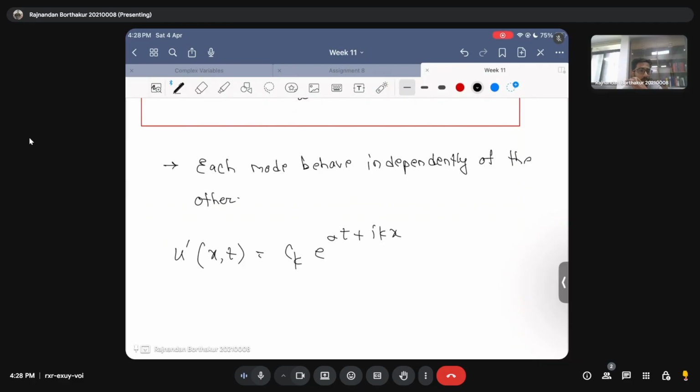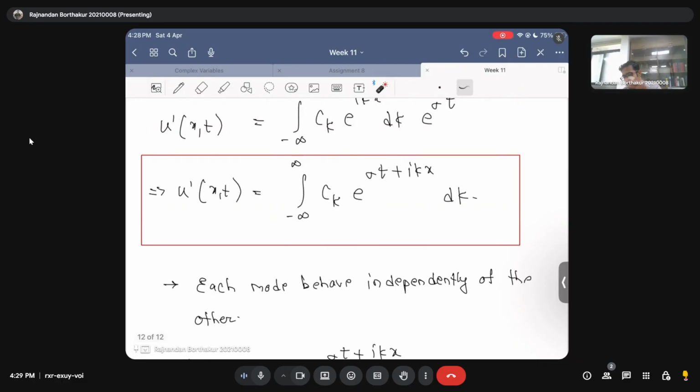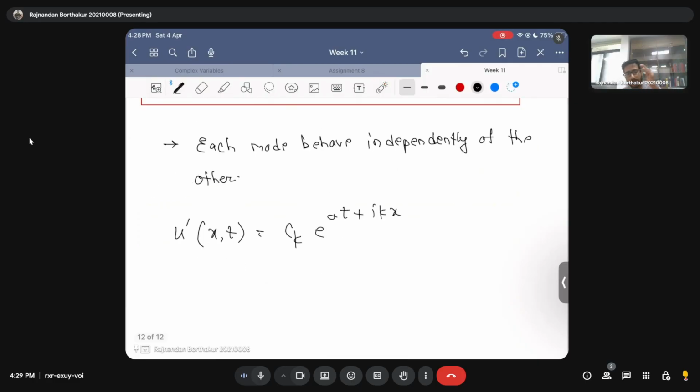For instance, the kth mode will do its own job, the L mode will do its own job, and so on. Which means, instead of writing the expression for all the modes, I can pick a generic mode and write the expression for u prime, and I know that for all other modes this expression will remain intact, because the modes behave independently. And this idea of not writing the summation and writing this for any generic mode k is known as normal mode analysis.